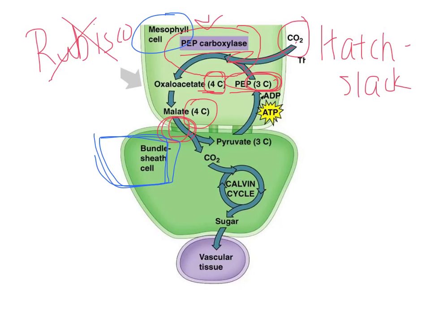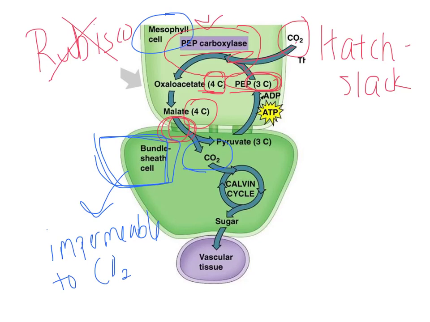Once it's in the bundle sheath cell, you'll see it releases that CO2 again. And remember, the bundle sheath cell is impermeable to CO2, so now that the CO2 is in it, the CO2 cannot get back out. And for the Calvin cycle, there's chloroplast inside the bundle sheath cell.